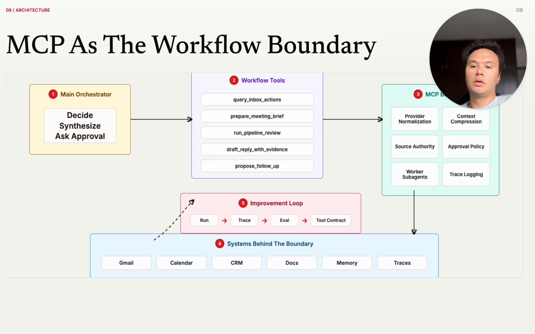And here's the core sentence I want you to take away from this video. If you leave policy in the parent prompt, every run has to discover it. If you move policy into the boundary, then every run benefits from it. That is what makes an MCP server feel like infrastructure instead of a wrapper.